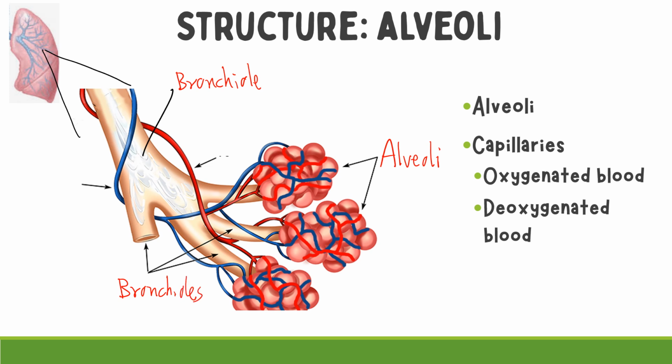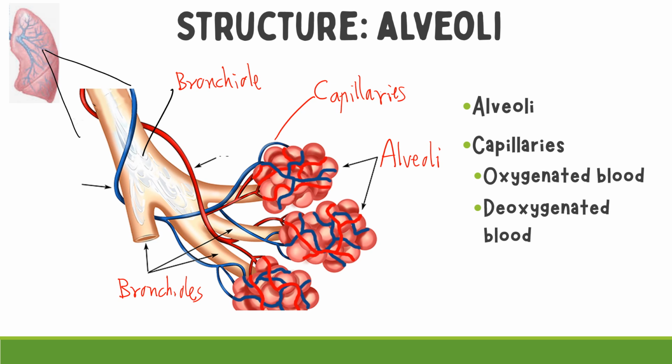So here are the small bronchioles at the end of the line. And you can see that each alveolus is surrounded by lots of blood vessels, and they're called capillaries. And the whole reason for that is because we need to get the air from the alveoli into the blood.